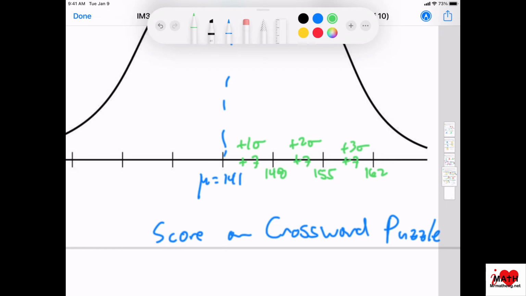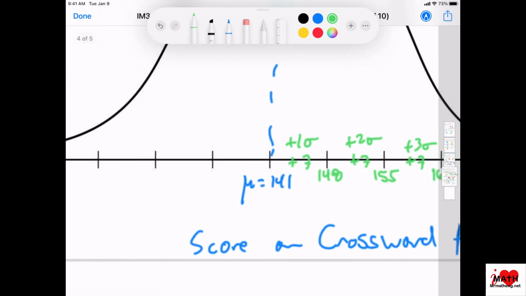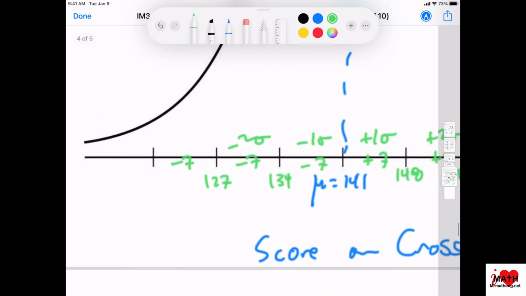To go below, or negative standard deviation in some ways, we subtract 7 from the mean, which would give us 134. Subtract, which would give us 127. And subtracting 7 3 times would give us 120.